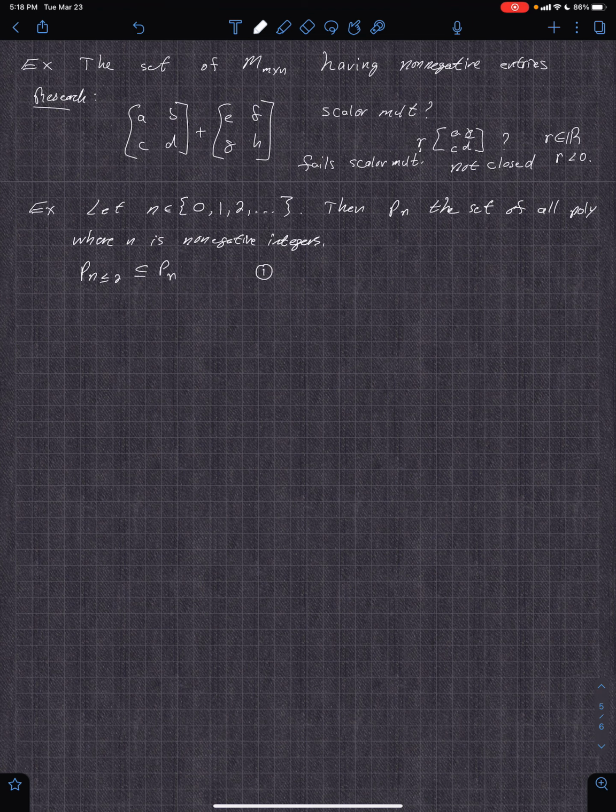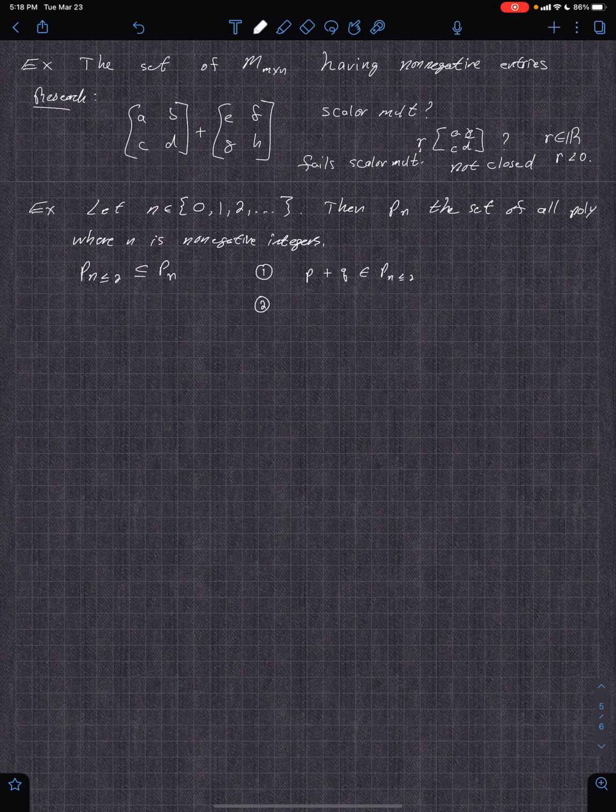So you want to be able to show, with these polynomials, that you add two polynomials and it stays in the set, polynomials of degree 0, 1, or 2.